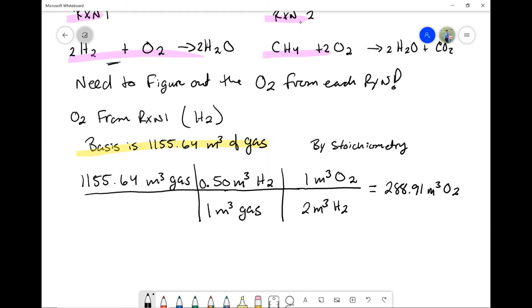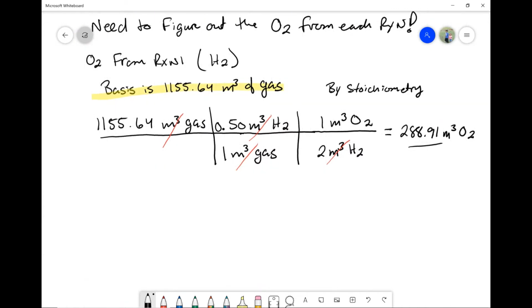So from reaction 1, we got 288.91 cubic meters of O2. Cubic meters of gas canceled, cubic meters of gas canceled, cubic meters of H2 canceled, and cubic meters of H2 canceled. So we end up with 288.91 cubic meters of O2 from reaction 1.